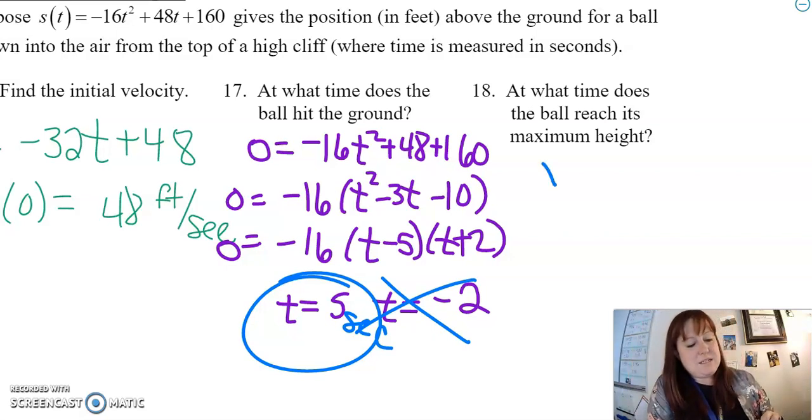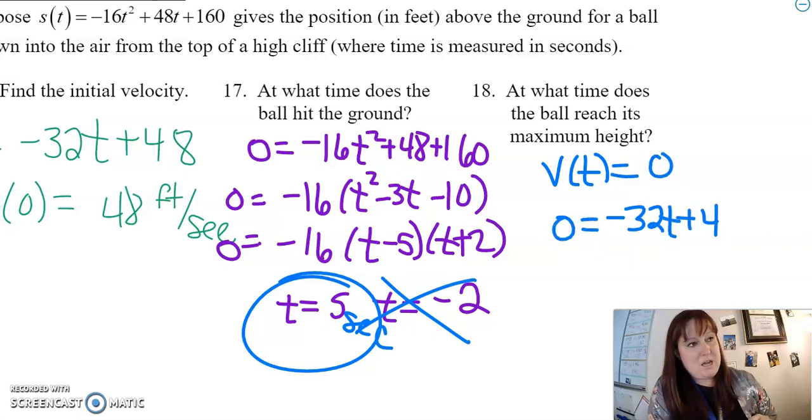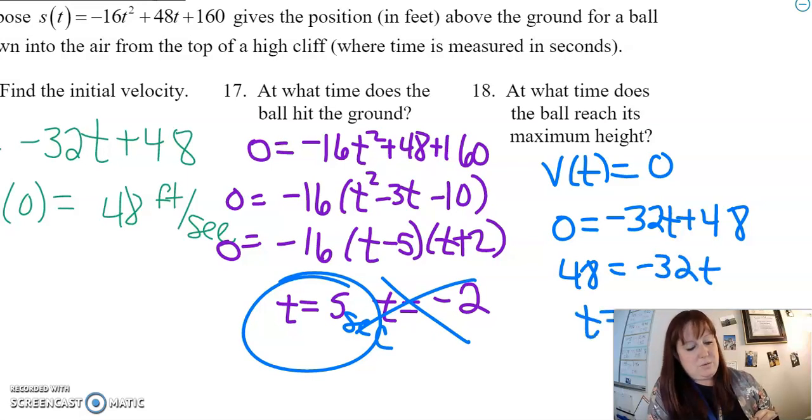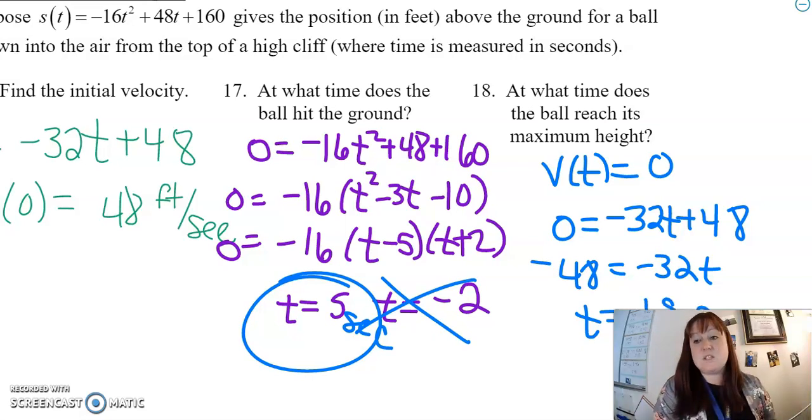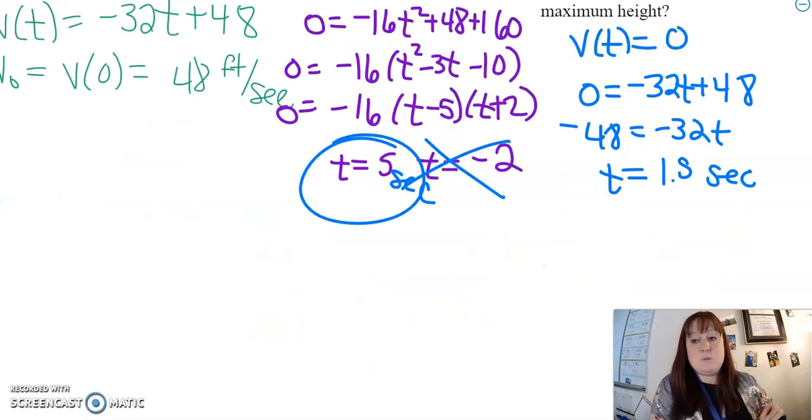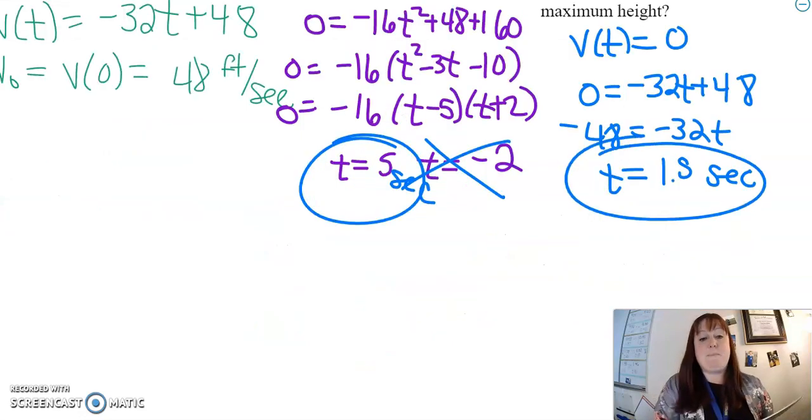Okay, so this is where velocity has to equal 0. So we have 0 equals -32t plus 48. We get 48 equals -32t, and that gives us t equals 1.5. So at 1.5 seconds, our velocity is 0, which means that's where it reaches its maximum height.